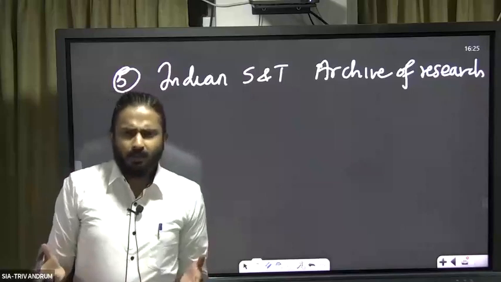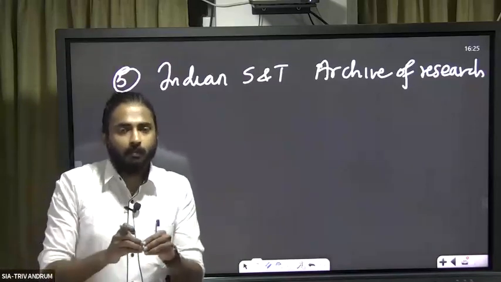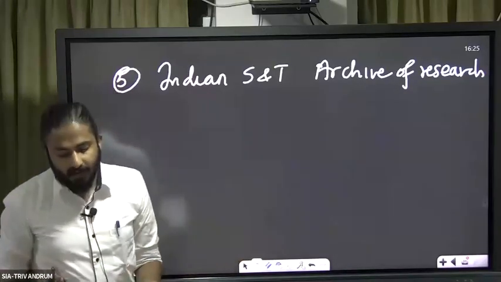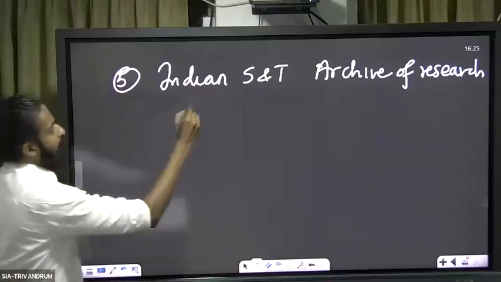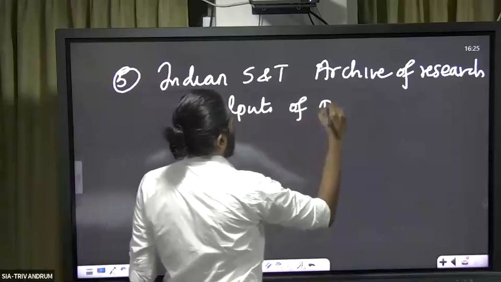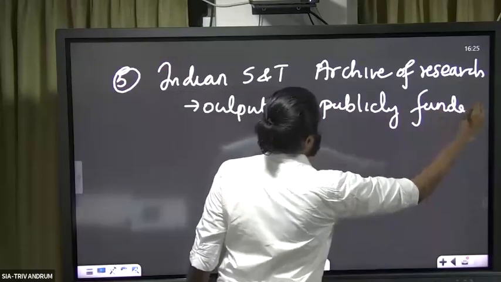Again, you know what is the function of an archive. The archive will have all the outputs, whatever public research we are doing, it will be kept in this archive. So the archive will have access to outputs of publicly funded research.